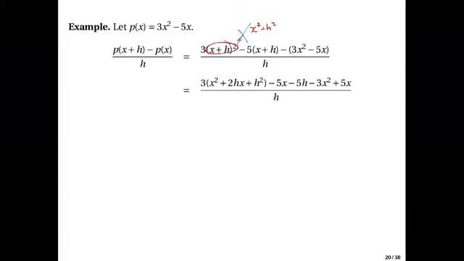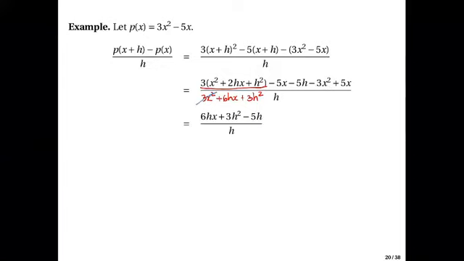And then let us simplify. You expanded this. Let us distribute now. For this part here, you will have 3x squared plus 6hx plus 3h squared. So notice, you have 3x squared here and then minus 3x squared here.